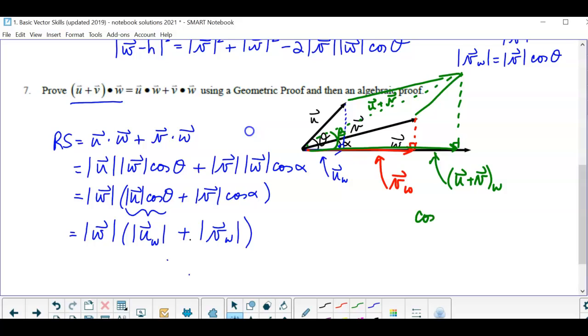Then cos of theta equals magnitude of the projection of U plus V on W over the magnitude of U plus V.